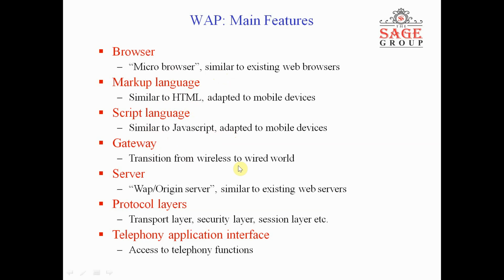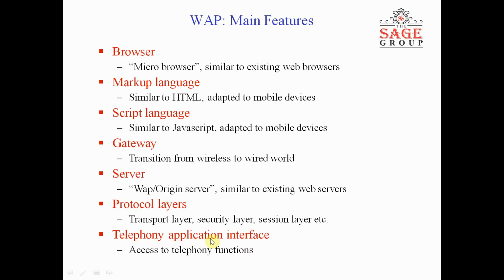Gateways: transition from wireless to wired mobility. We use gateways. Servers: web origin servers, similar to web servers. And next is protocol layers: transport layer, security layer, session layer, and transaction layer. There are five protocols we use in this.